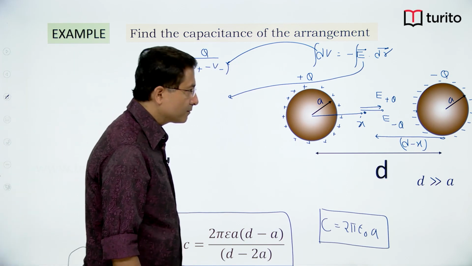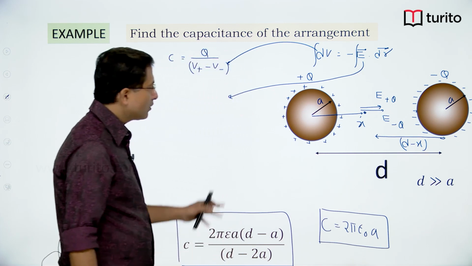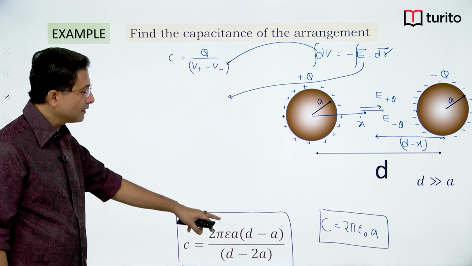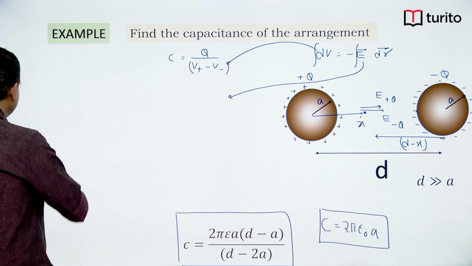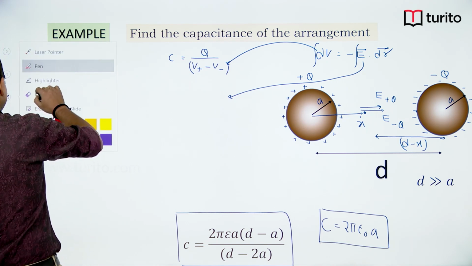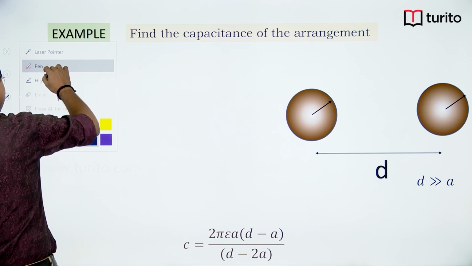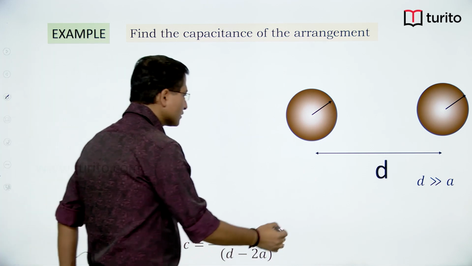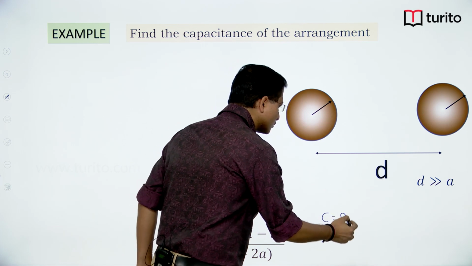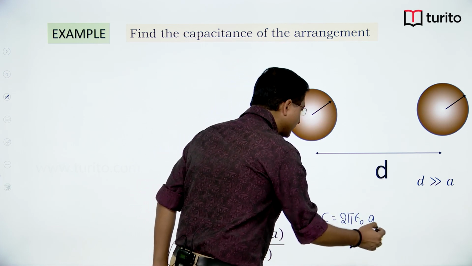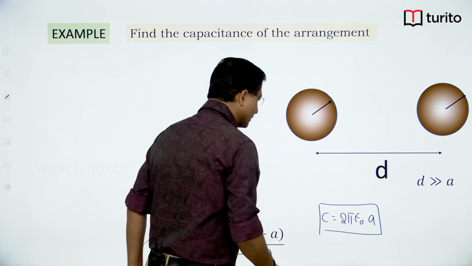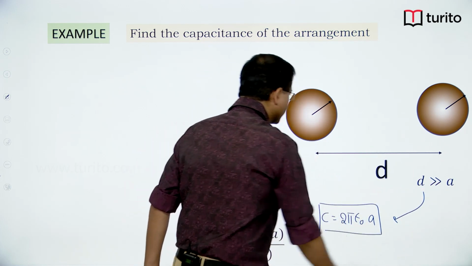If you look at the system, then we have got two spheres. I will keep this one as it is and I will erase the remaining part. So, this we were getting, 2 pi epsilon naught A, after using this limit.